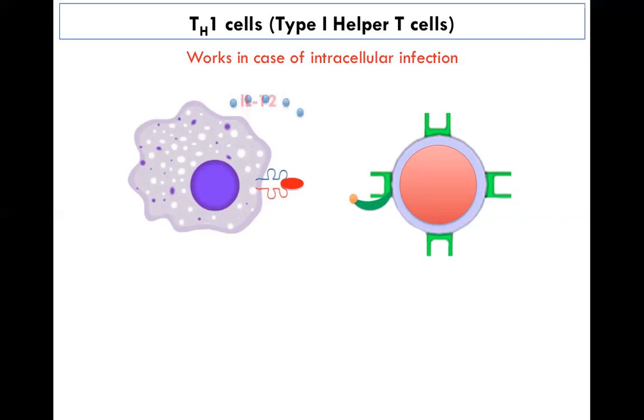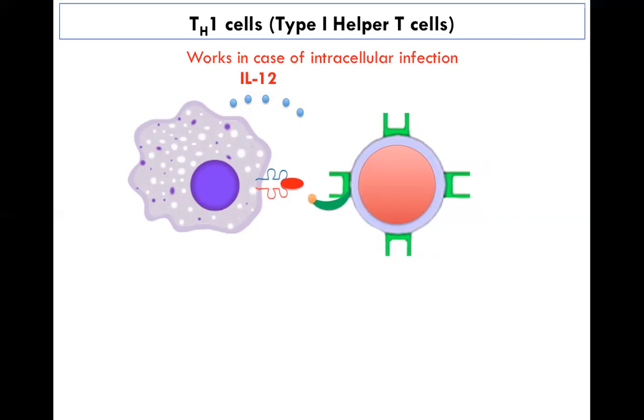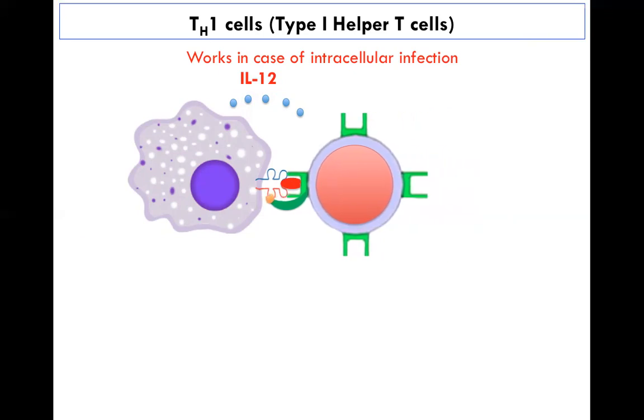That's the process we have already discussed. It is somewhat similar to the case of APCs, antigen presenting cells. They present the foreign antigens to the helper T cells. Now before these helper T cells function, certain cytokines send signals to them.